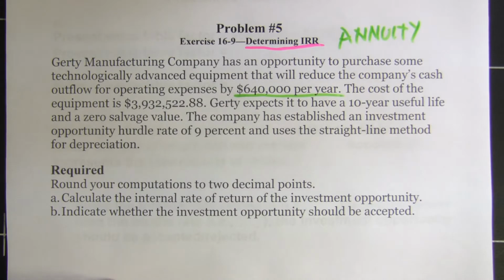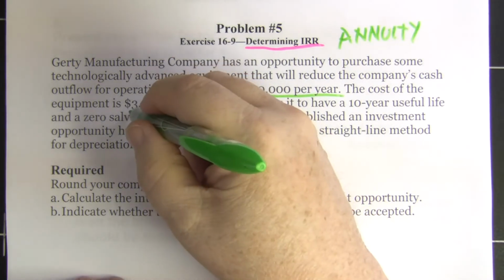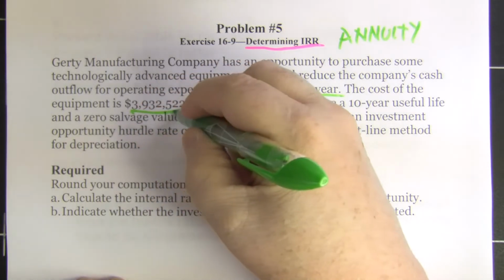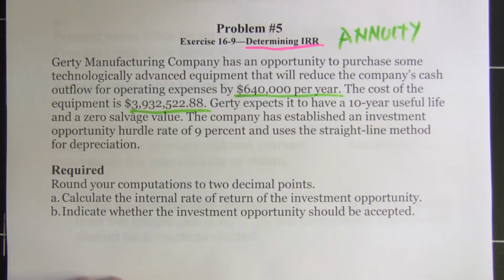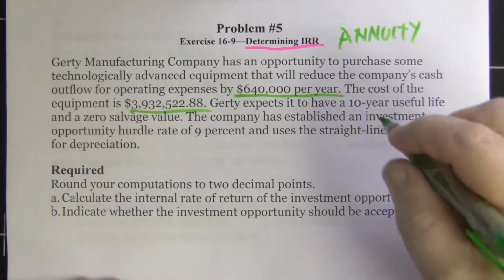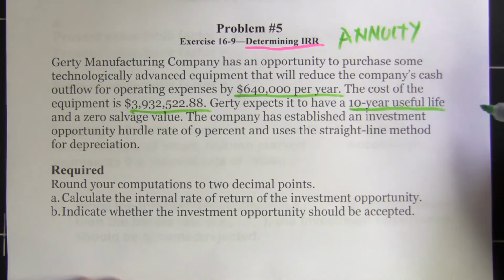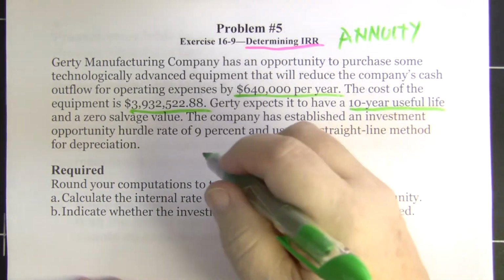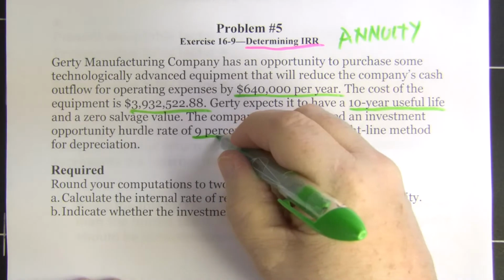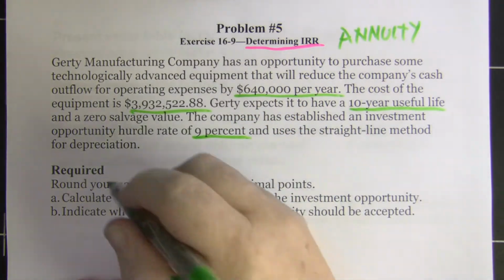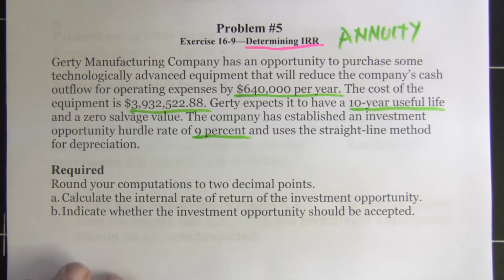Annual payments or annual savings. The company expects the equipment to have a 10-year life, and it has to return 9% or more. That's what this company and the accounting industry calls the hurdle rate.